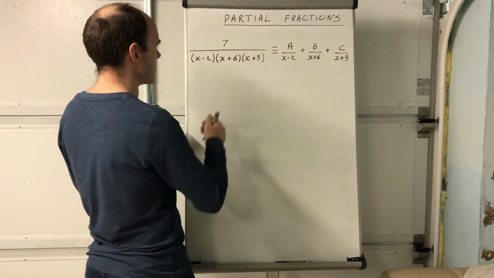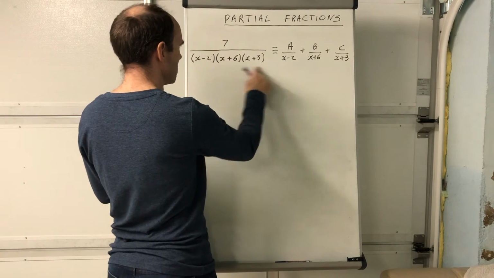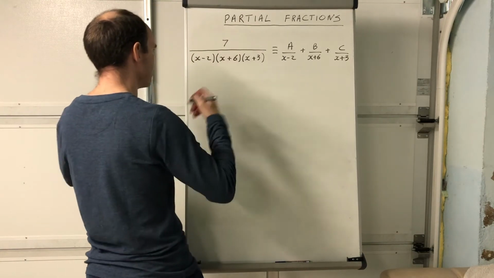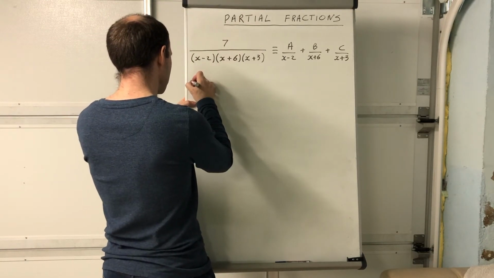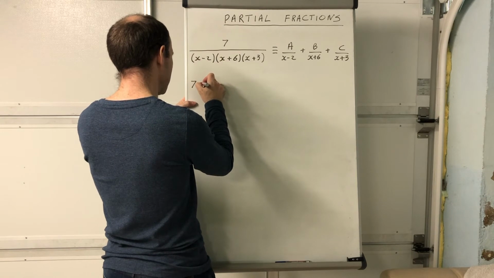So next stage is we'll multiply both sides by the denominator of this. So that means on the left hand side we'll get 7. So I'm just going to try and squeeze everything in if I can.